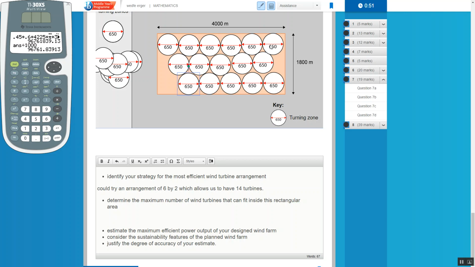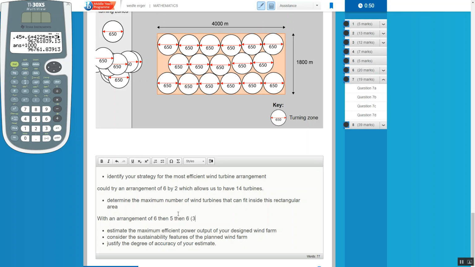1, 2, 3, 4, 5, 6. 1, 2, 3, 4, 5. Can I fit another one in here? Yes. So in this arrangement, 1, 2, 3, 4, 5, 6, and 5, and 6.